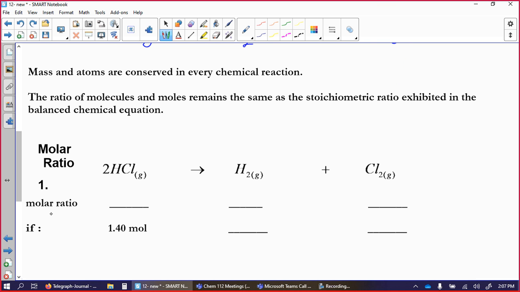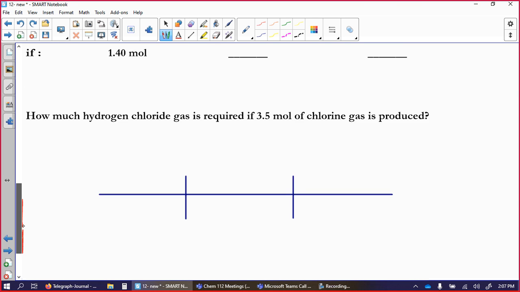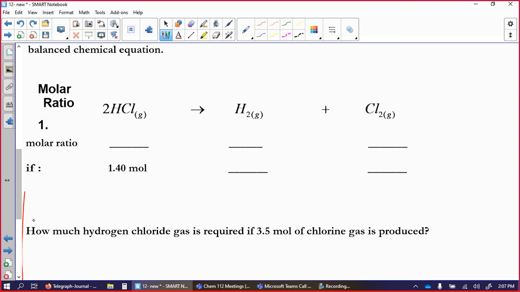So this is another example, 2 hydrogen chloride gas decomposing into hydrogen and chlorine. The mole ratio: we have 2 moles of this, 1 mole of that, and 1 mole of that.